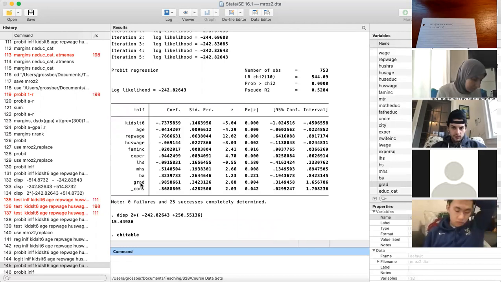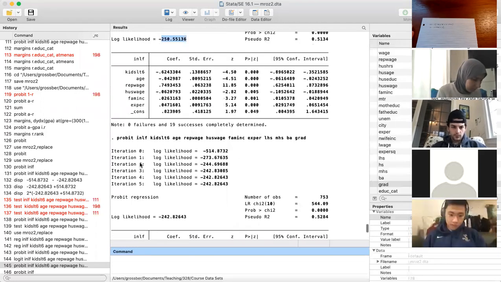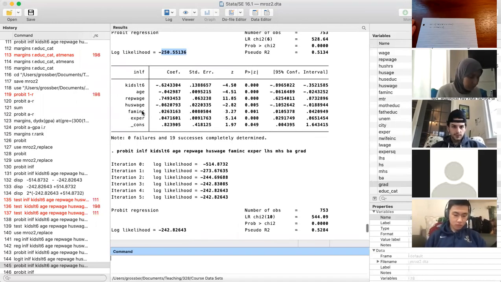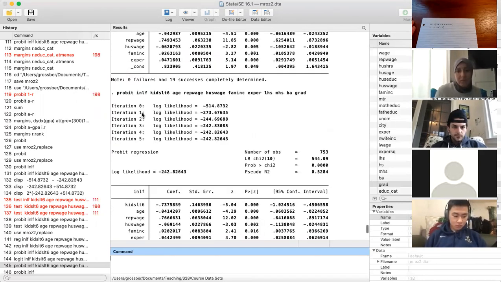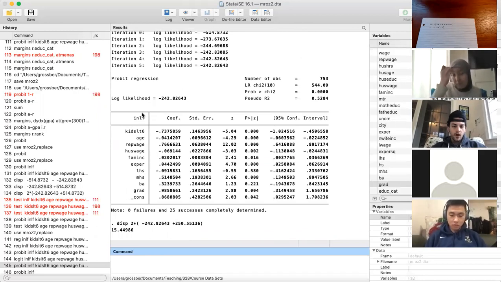So my null hypothesis will be that all these betas are 0. So I force them all to be 0 by taking them out of the model here. Okay. So this is the constrained model, and this is the unconstrained model. Oh, so you literally just typed in probit regression and got the unconstrained. Yeah, that's right.